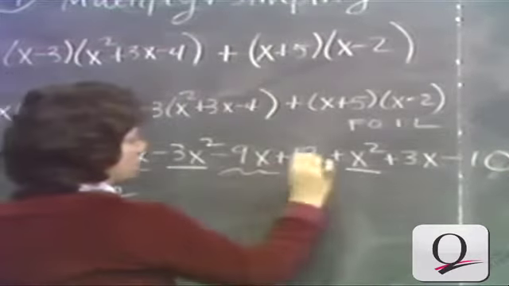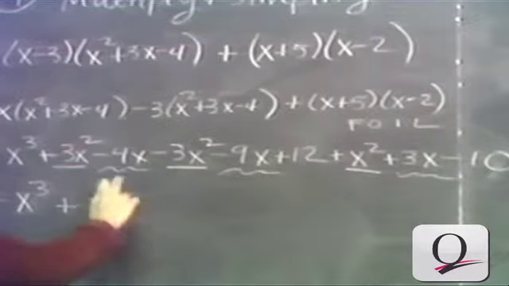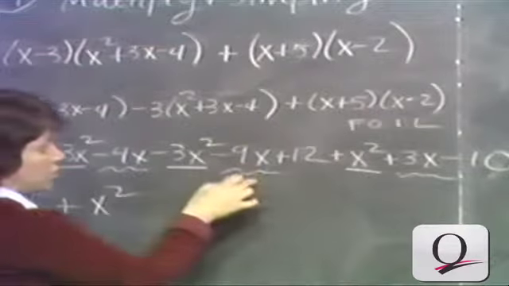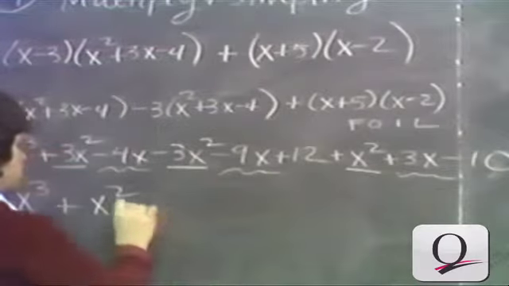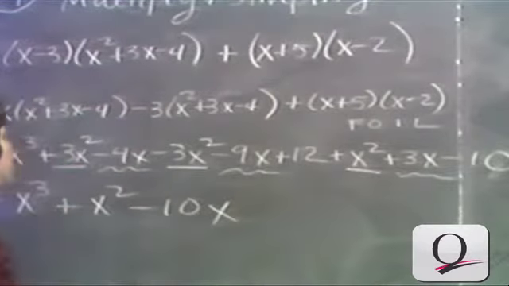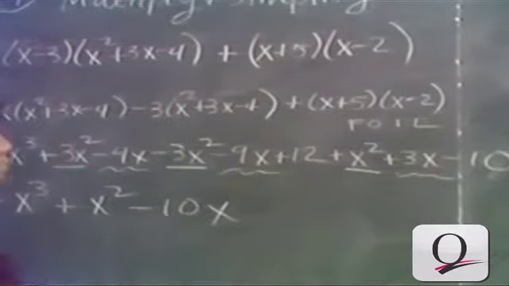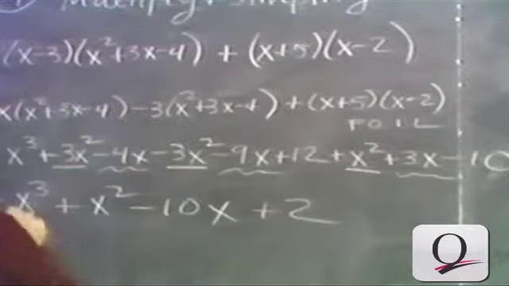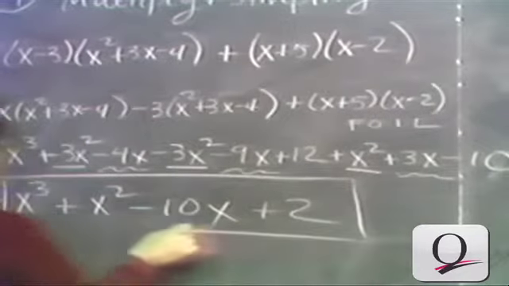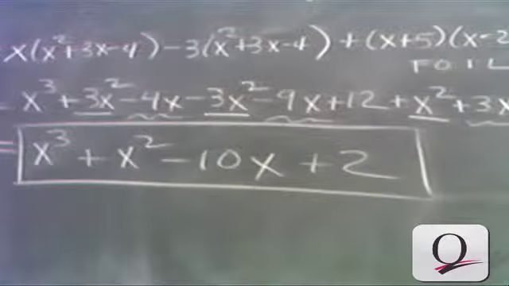Now we have a minus 4x, a minus 9x, and a plus 3x. Minus 4x and minus 9x combine to minus 13x, plus 3x combining to minus 10x. And last, the constant terms, the plus 12 and the minus 10 combining to the plus 2. For a final answer, x cubed plus x squared minus 10x plus 2.